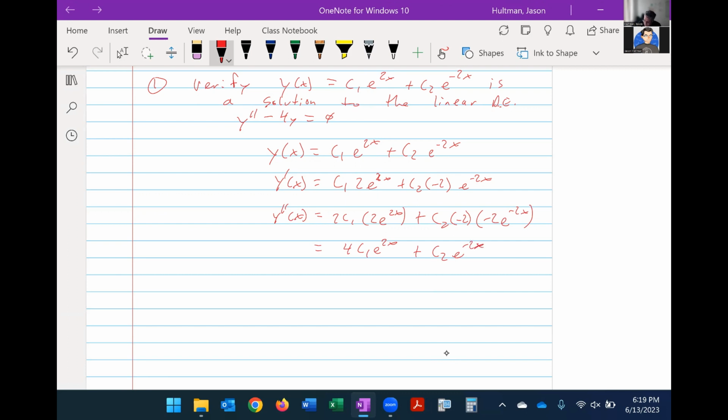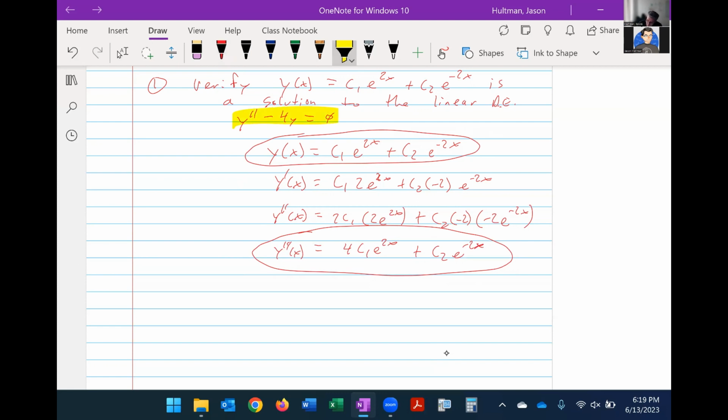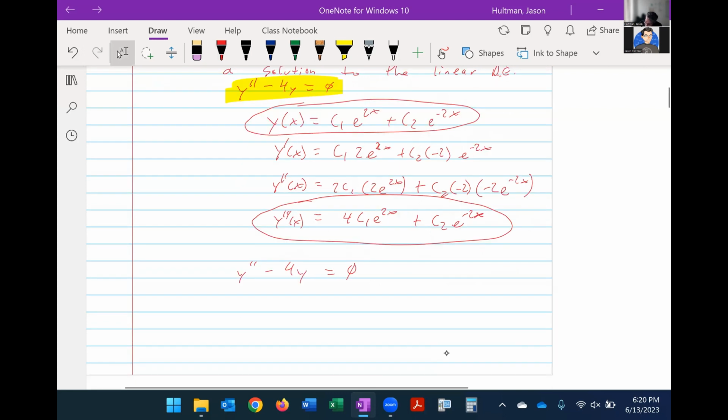So is that a solution? We've got y double prime of x here. Let's plug in y double prime and y into our differential equation. We get y double prime minus 4y, does that equal 0? What is y double prime?